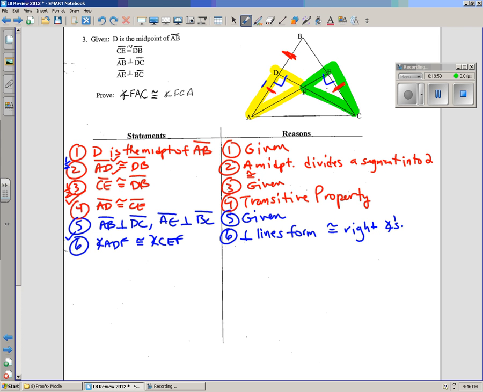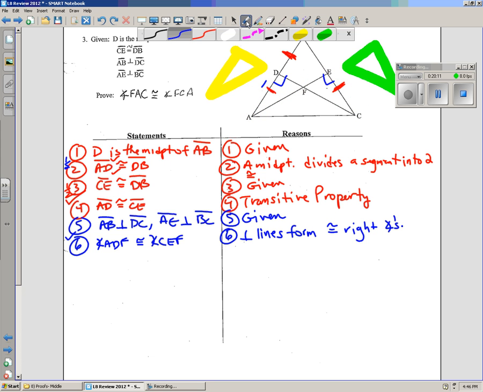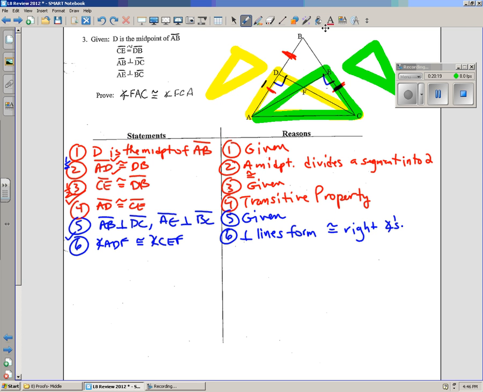Now, here's the tough part. We could go with these two triangles, or somebody might say, well, hey, why can't you prove these two triangles congruent? We could.